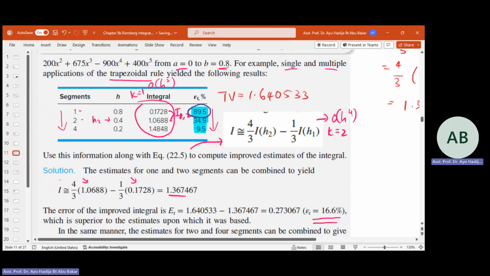First integration, you get 89. Second, you get 34.9. This one goes down. But if it goes sideways using Romberg, the second integration reduced to 16.6.